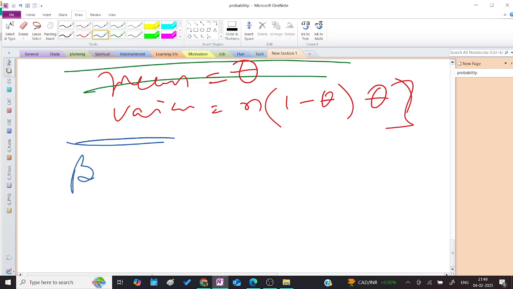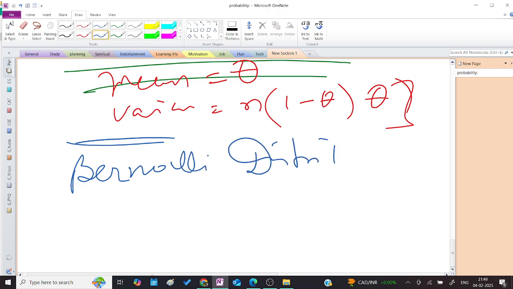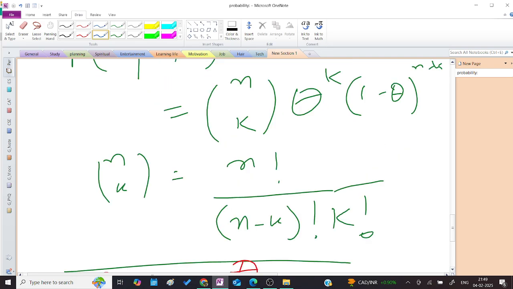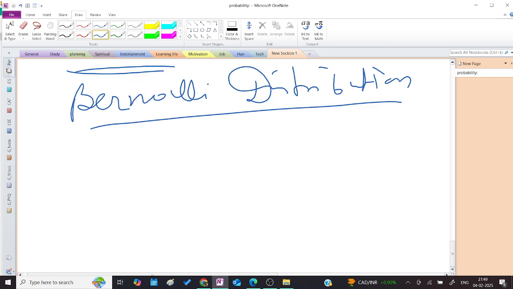Okay, and for Bernoulli's distribution, suppose a single coin is tossed once.